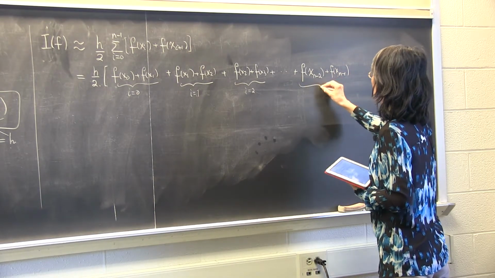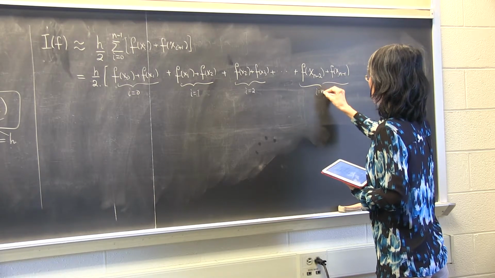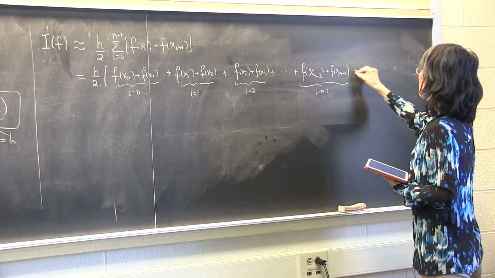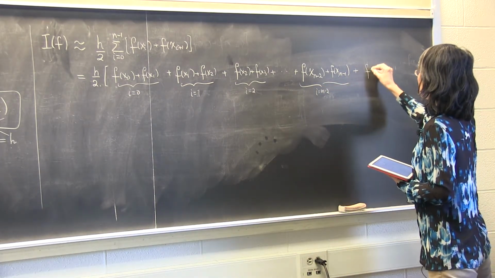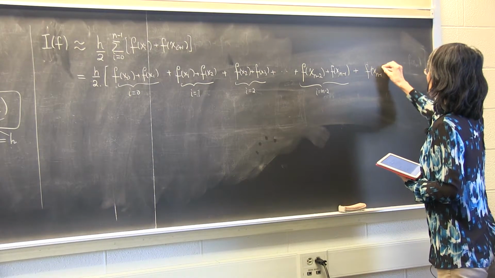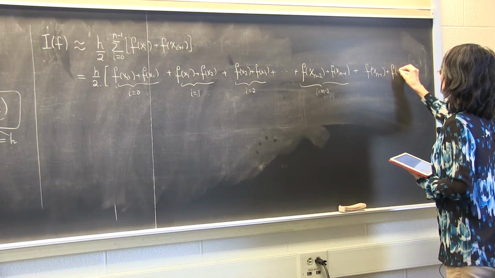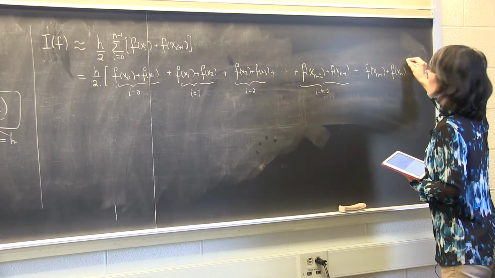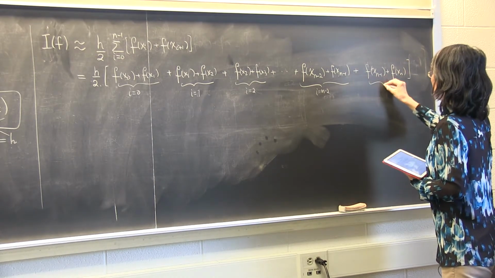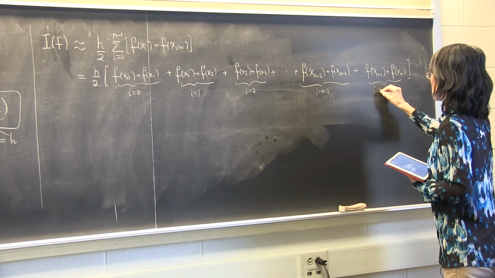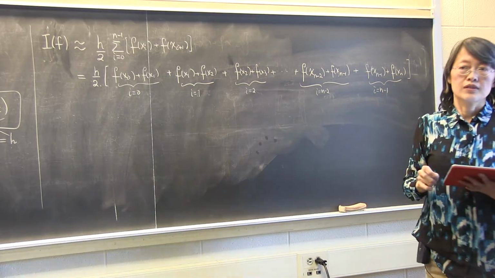Okay, this is really long. So that's i equals n minus 2, and then you have one more term, which is the last one, f at x n minus 1 plus f at x n. And this is i equals n minus 1.